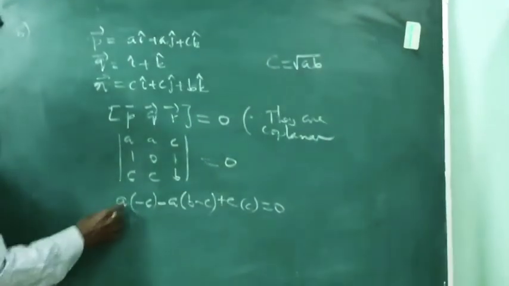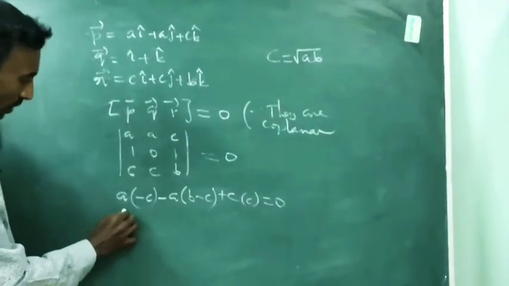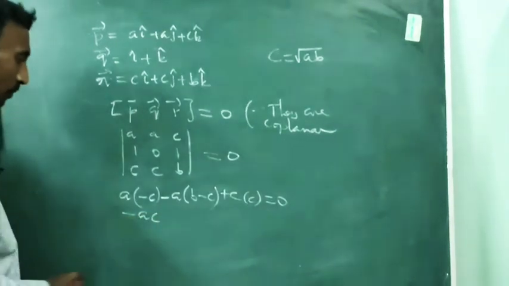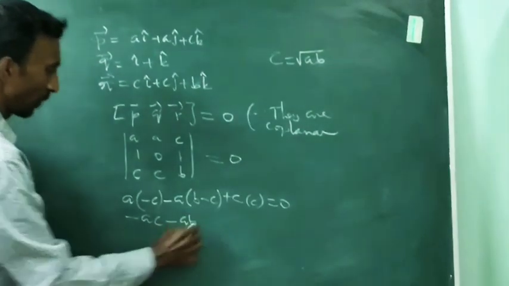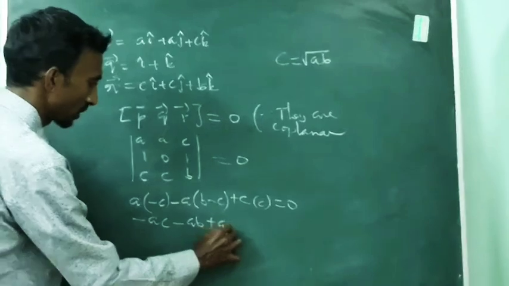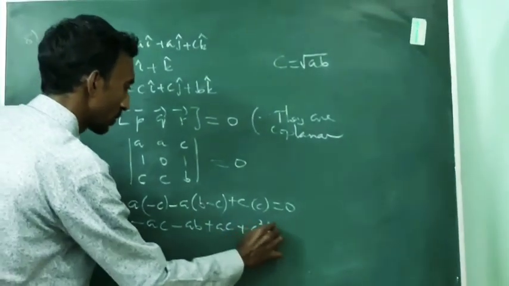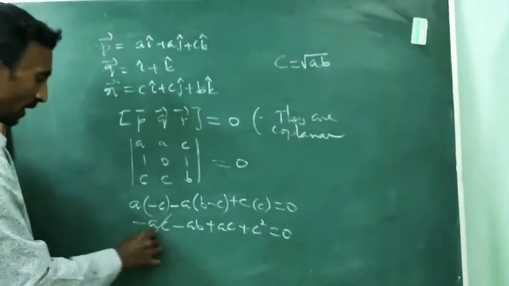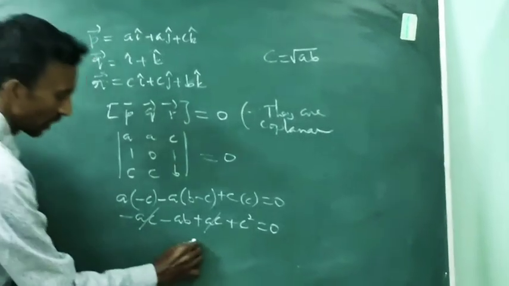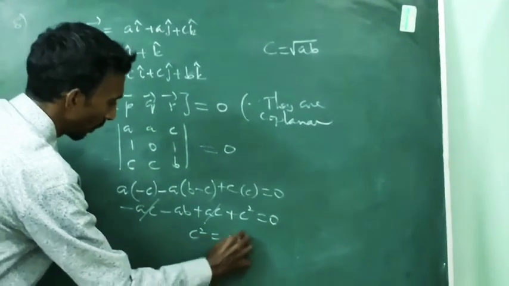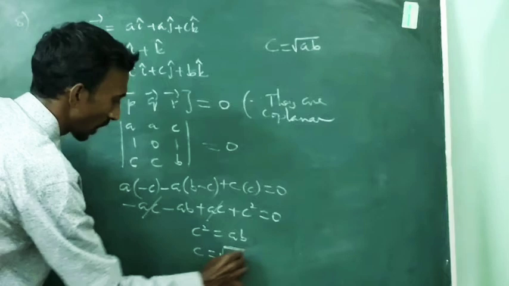So minus ac minus ab plus ac plus c square equal to 0. So minus ac plus ac cancel, c square equal to ab, c equal to root of ab.